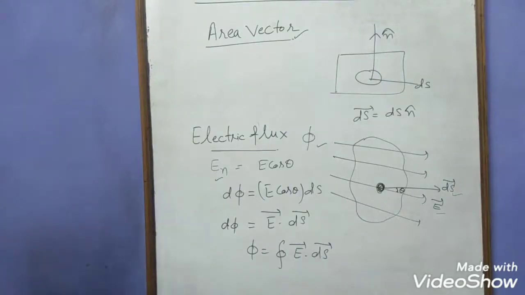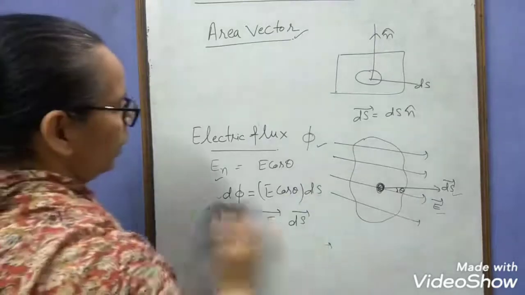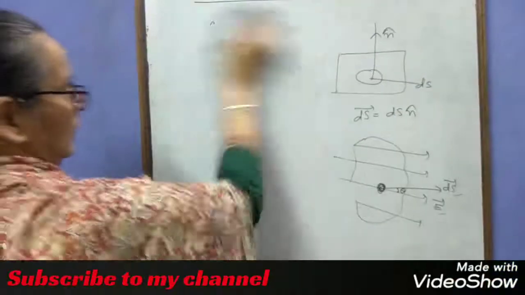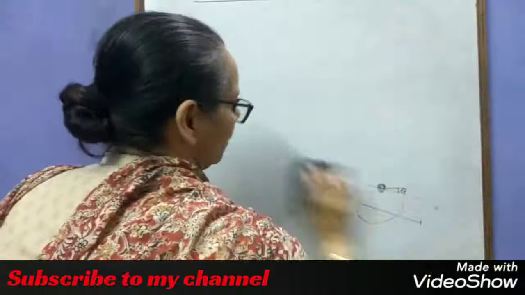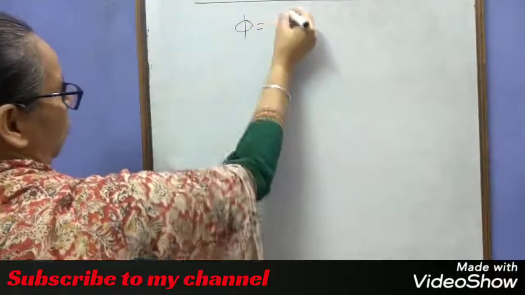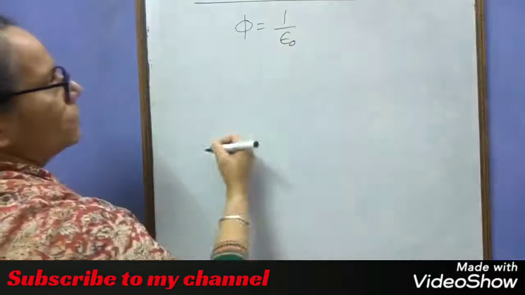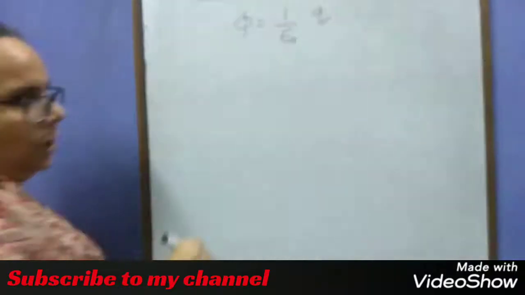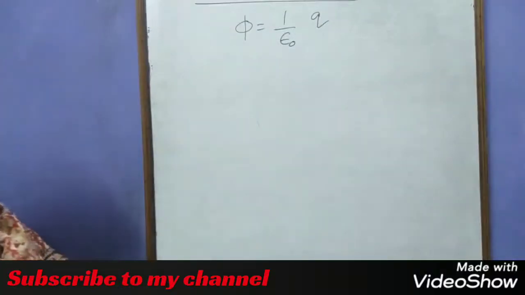Now, what is the Gauss theorem? Gauss theorem is for a closed surface, the electric flux. For a closed surface, the total electric flux phi is 1 by epsilon naught times the total charge enclosed in that surface.